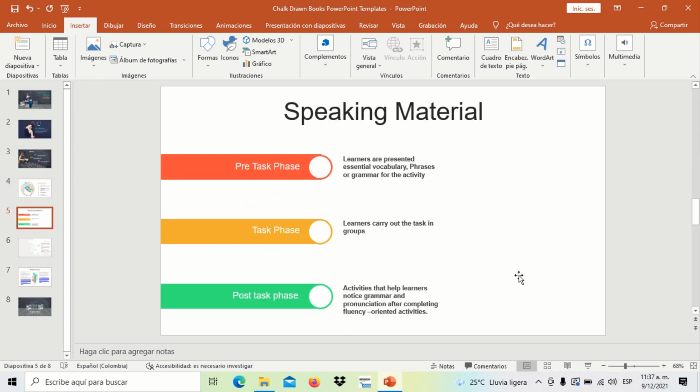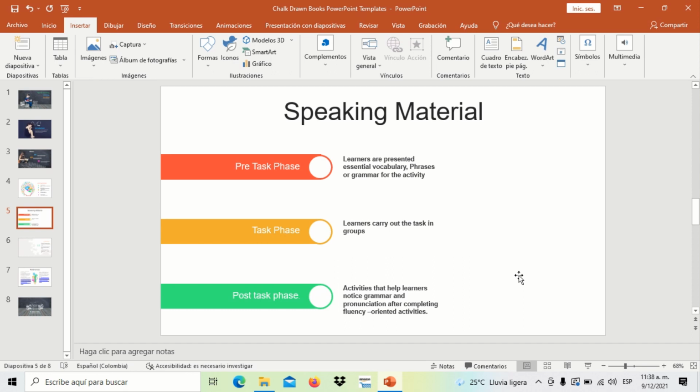Okay. Let's go on to speaking material. First, I would like to say that there's a misconception about this terminology. For instance, people think that if learners are using English words and sentences in the classroom when they are developing speaking skills, that's something pretty good and it's working.